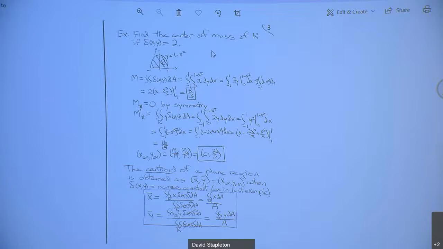We'll just make the test on chapter 14, but we omitted 14.4. So the test one week from now, Wednesday, will be 14.1 to 14.3 and 14.5 to 14.8, the last section being the center of mass.